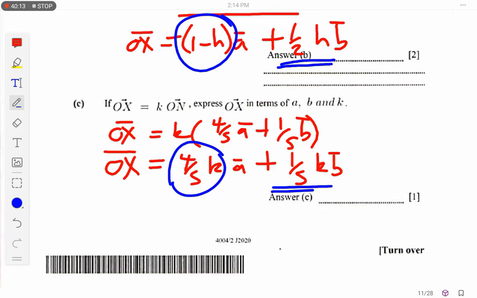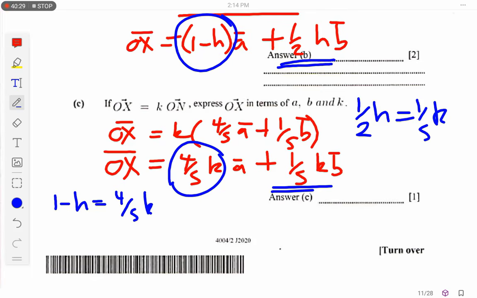So with that information, we can form two equations. For A, we have 1 minus H is equal to 4 over 5K. Then for B, we are saying it's going to be 1 over 2H is equal to 1 over 5K, like that.